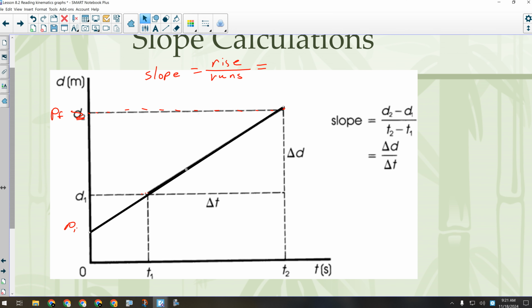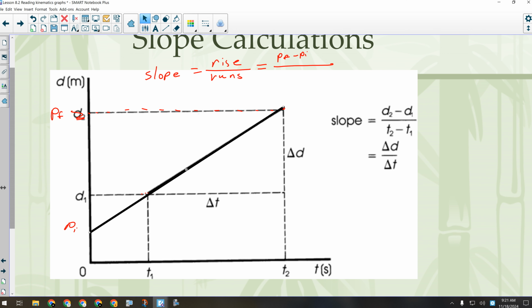Would the rise be the difference between those two numbers? Right, so in other words, the rise will be final position minus initial position. What's the run? What's on the x-axis? Time.